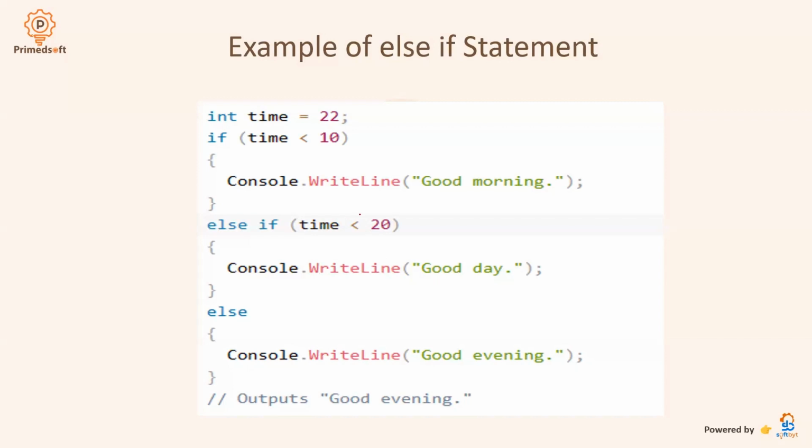No. These two conditions have not been met, the if statement and the else if statement. Else, console.writeLine good evening. So once these two conditions are not met, your code will execute this one and print good evening for you.